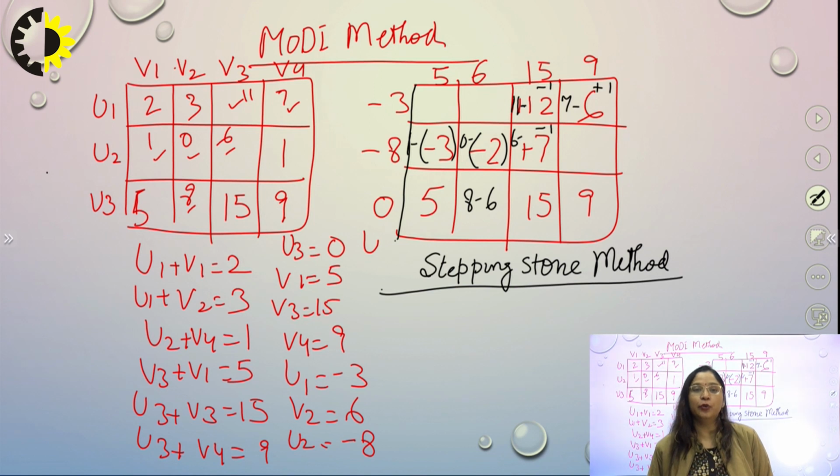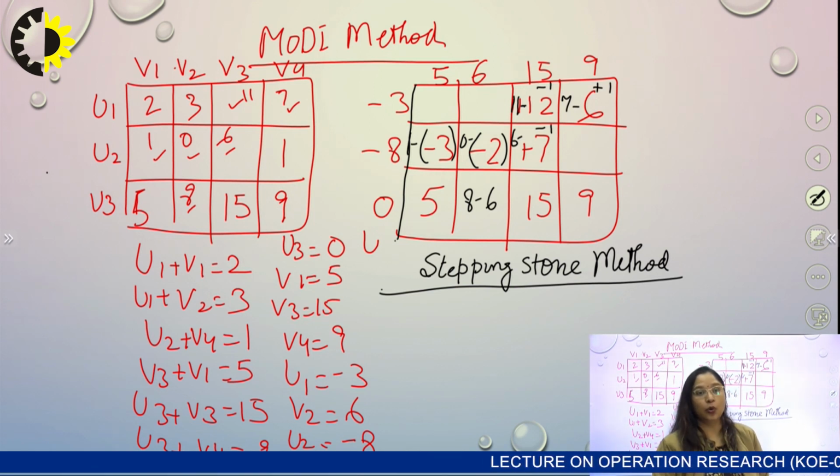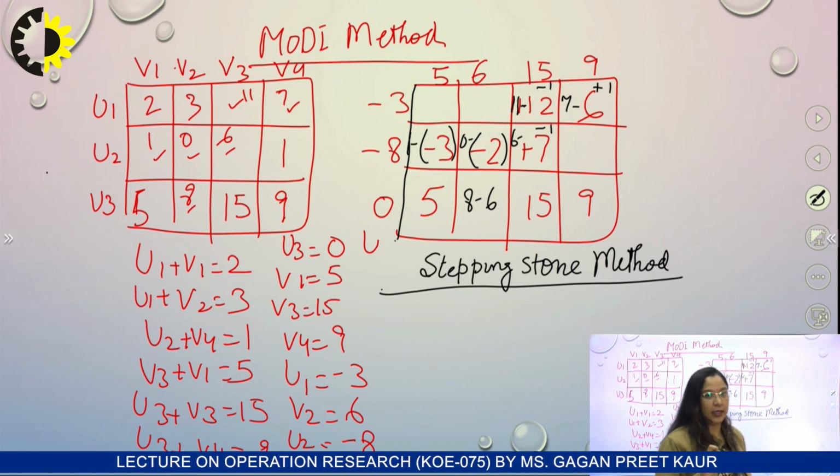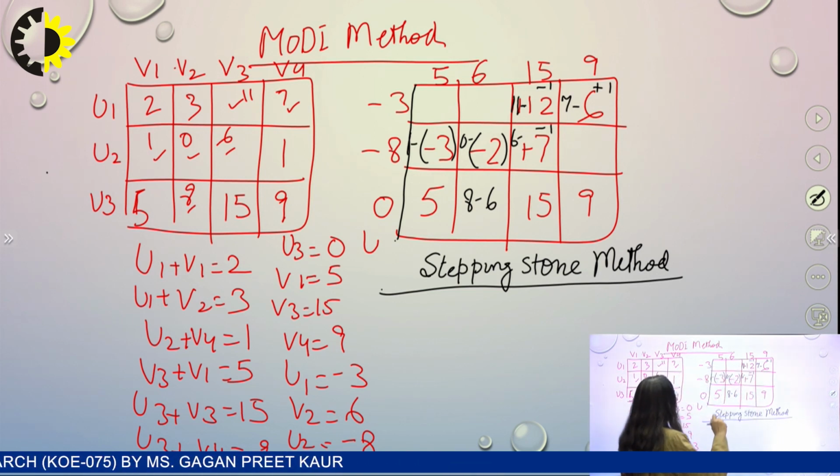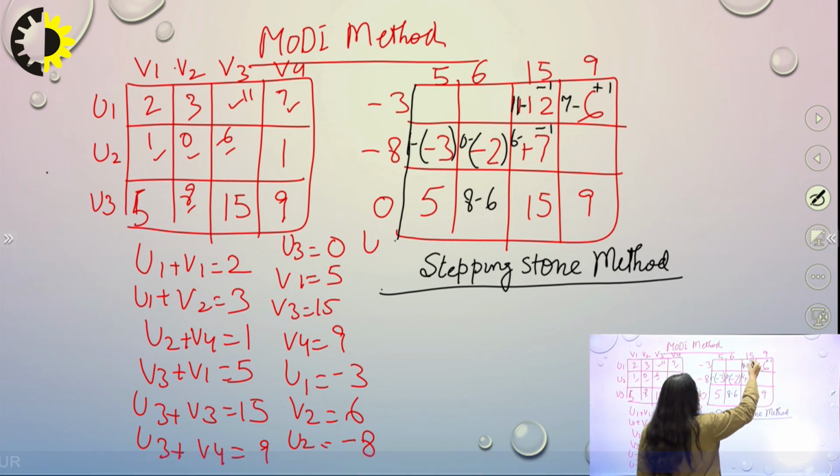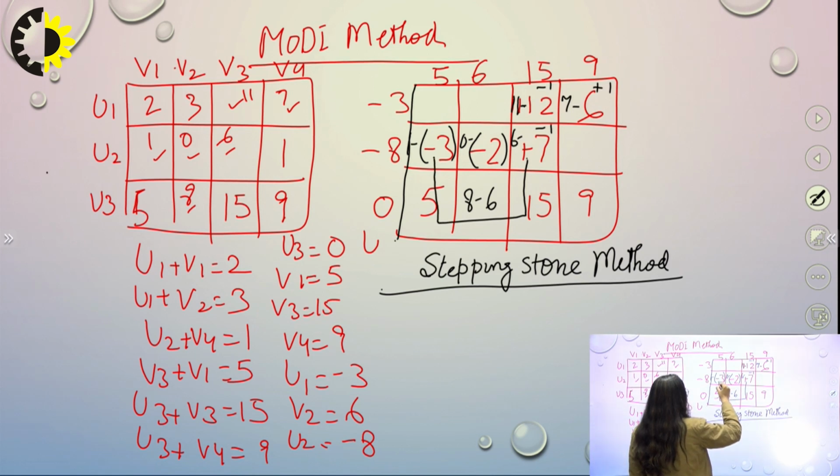So what we will do is see the number which does not make any loop in the whole equation. What is a loop? That is the stepping stone method. Here you can see it is -1, it is -1. If I rotate, these are my numbers, like this and this.